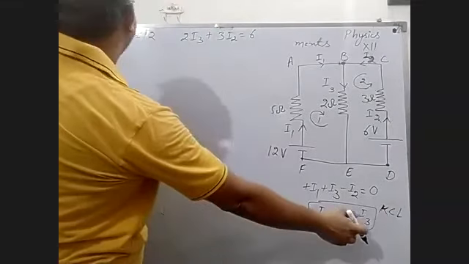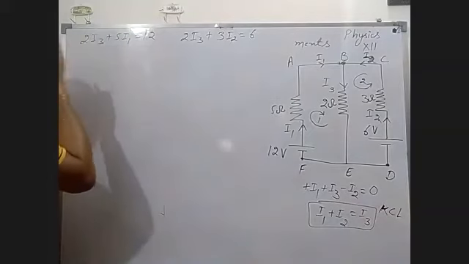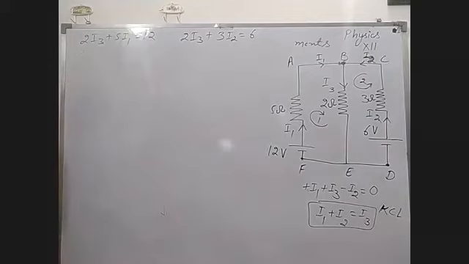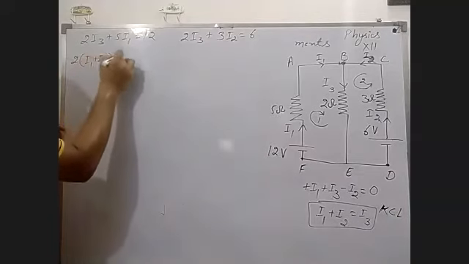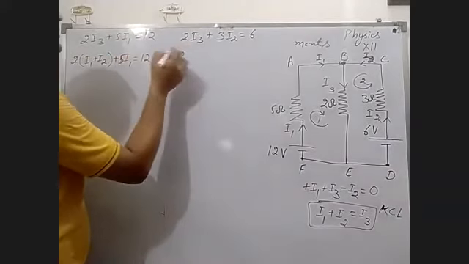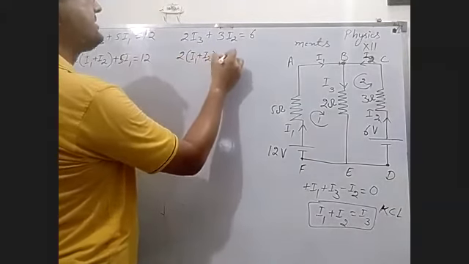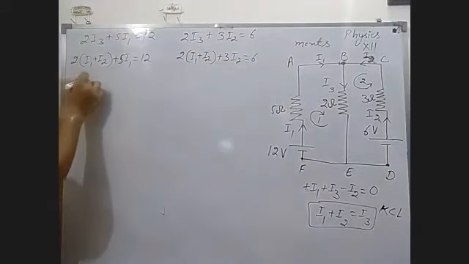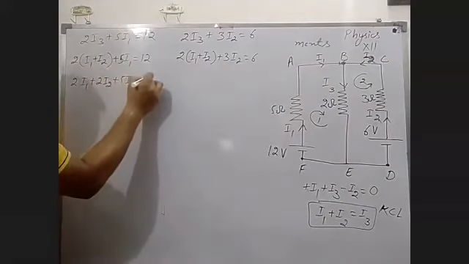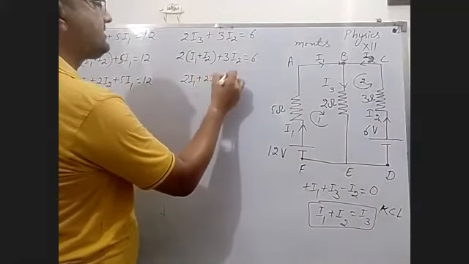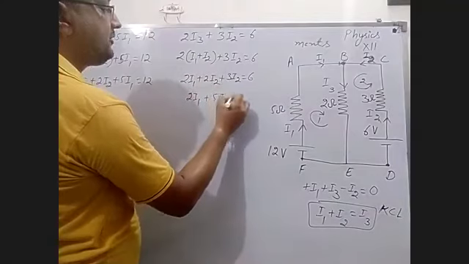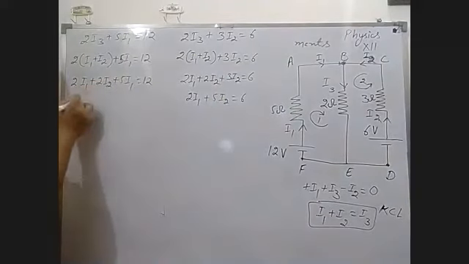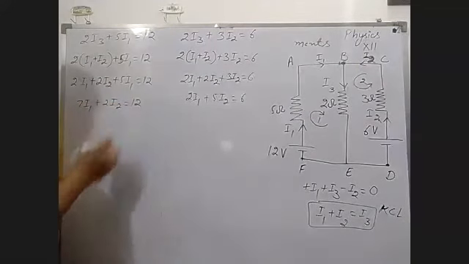Now put I1 plus I2 instead of I3. 2(I1 plus I2) plus 5I1 is equal to 12. 2(I1 plus I2) plus 3I2 is equal to 6. 2I1 plus 2I2 plus 5I1 is equal to 12. 2I1 plus 2I2 plus 3I2 is equal to 6. 2I1 plus 5I2 is equal to 6. 7I1 plus 2I2 is equal to 12. Now solve these two equations.